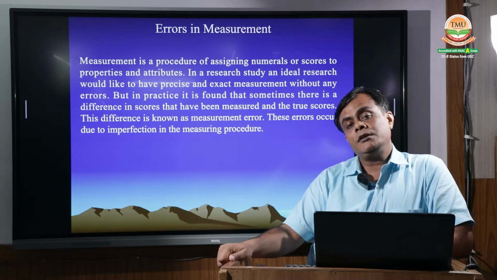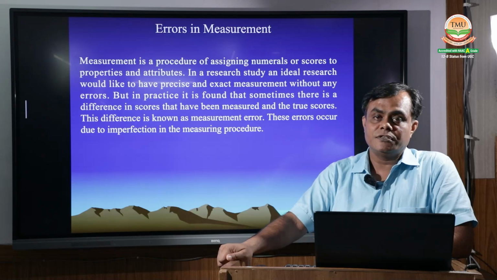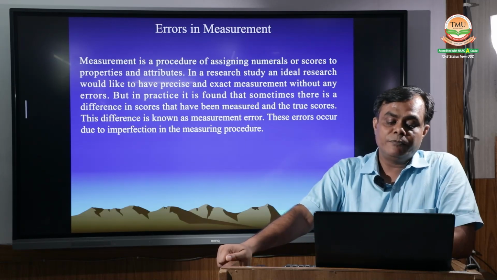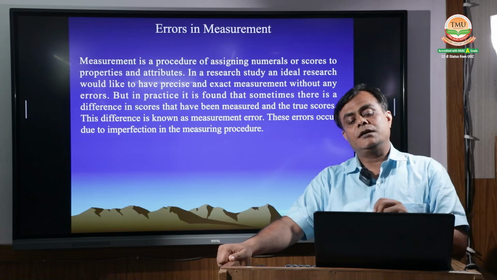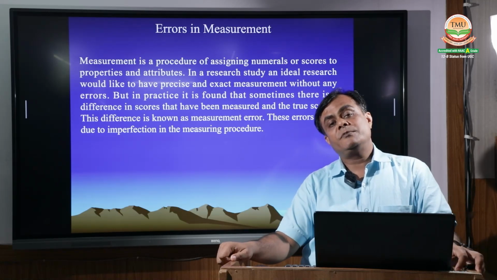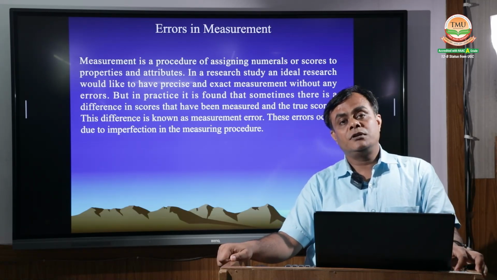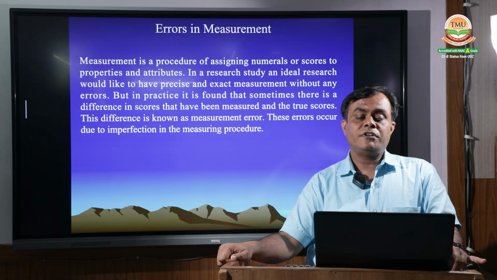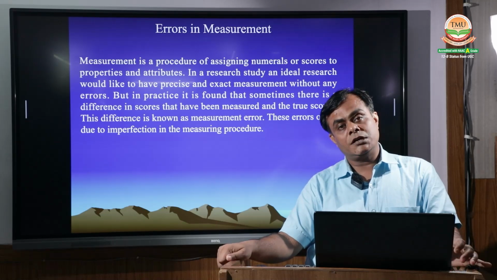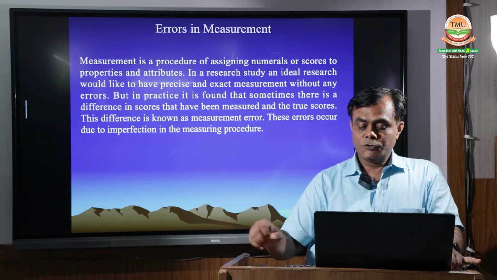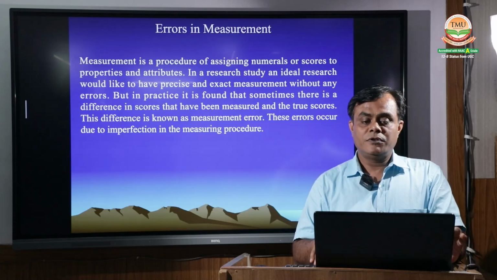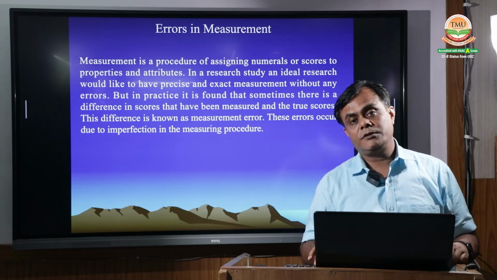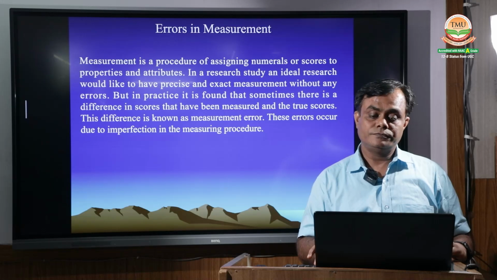So what is the score difference when we are measuring? That is called error. So simply, error is the difference that comes in measurement. That type of difference might be ordinal or cardinal. So both types of error come in the measurement, ordinal error or cardinal error.